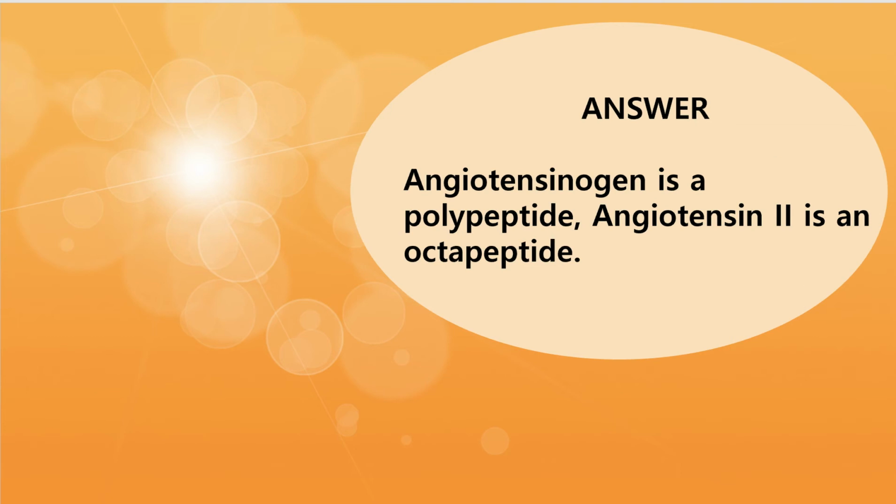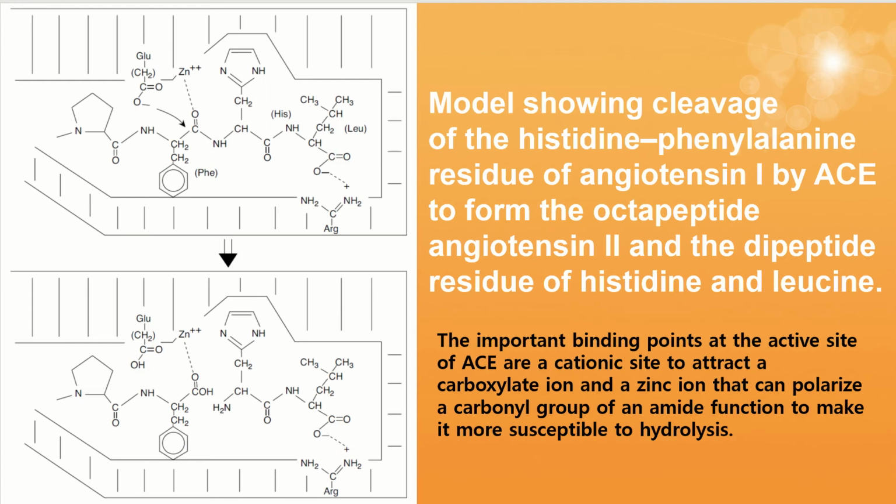octapeptide. All right, so let's look for a second at this model showing cleavage of the histidine phenylalanine residue of angiotensin 1 by ACE to form the octapeptide angiotensin 2 and the dipeptide residue of histidine and leucine. So we have a model here, right?